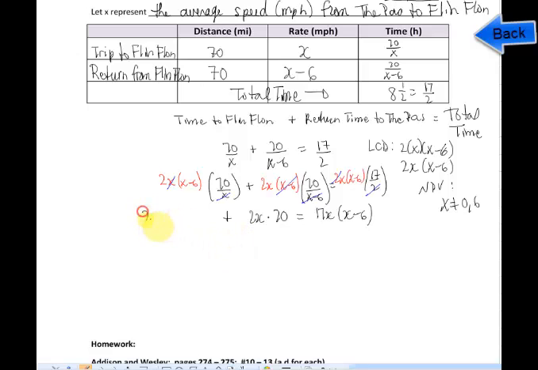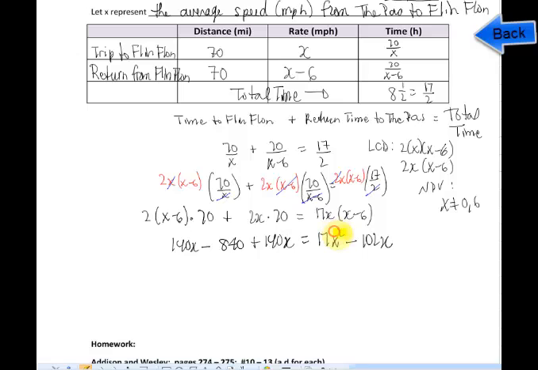We want to go 2 times x minus 6 times 70. Okay, so that gives us 140x minus 840 plus 140x is equal to 17x squared minus 102x.